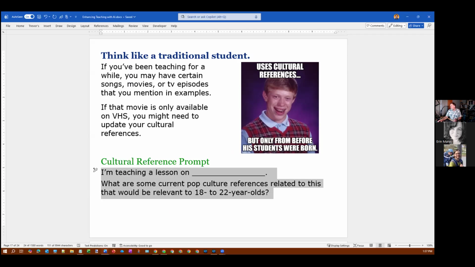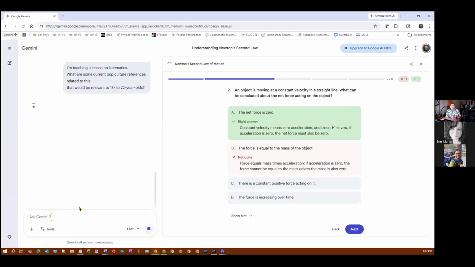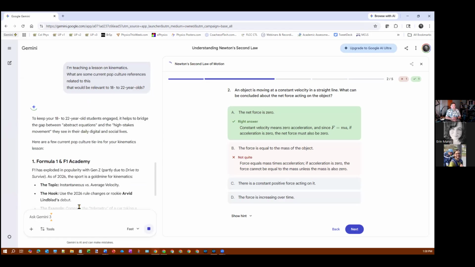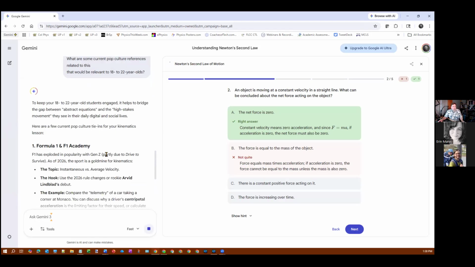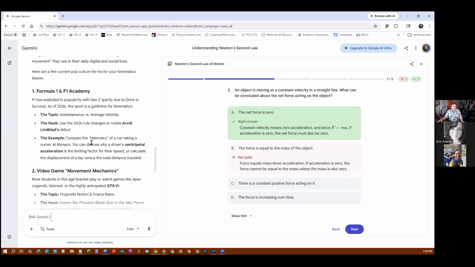So I'm going to do this with Gemini and throw it up on the screen for you. Kinematics is a branch of physics. Okay, I was on a plane recently and I was looking over somebody's shoulder. I don't know if the Formula One Academy is the movie.